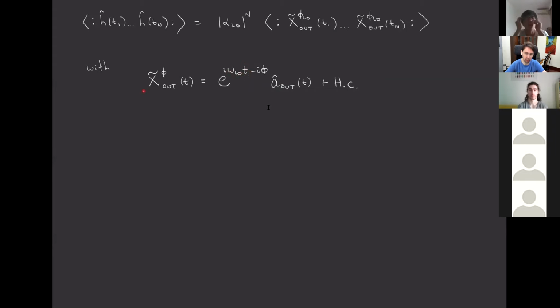So they are what we call slowly varying quadratures, because these output operators oscillate at optical frequencies, like we have seen from the previous examples. And then this oscillation here kind of removes that optical oscillation. So then what you end up with is an operator that evolves slowly compared to optical frequencies.